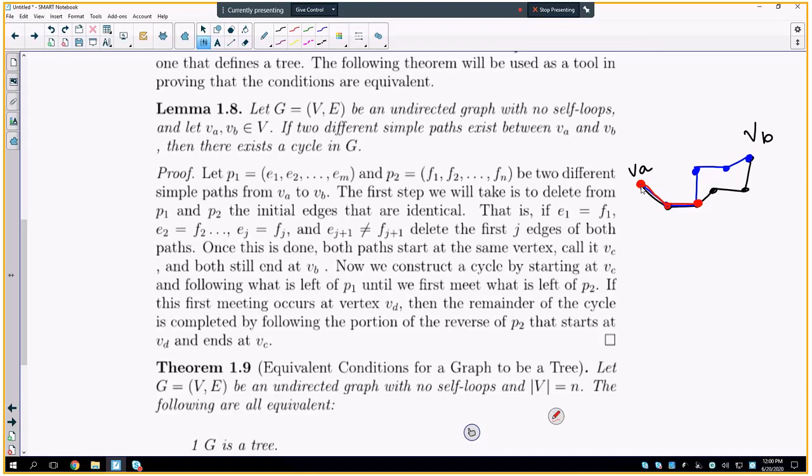Then I will pick one of these two paths, say I have picked this way, and travel it till I reach VB, and then come back through the other path till I reach my first stopping point. So what I have established is the existence of a cycle.